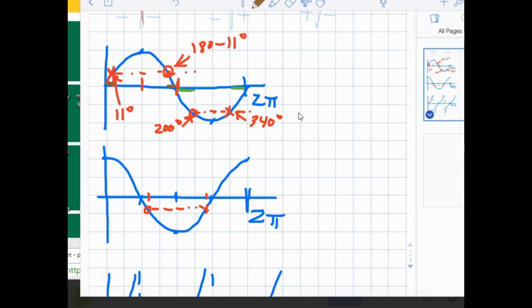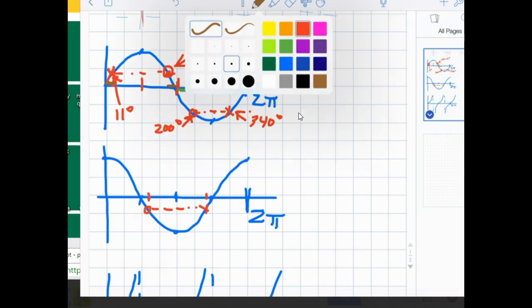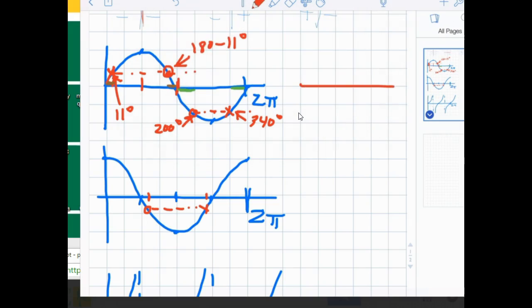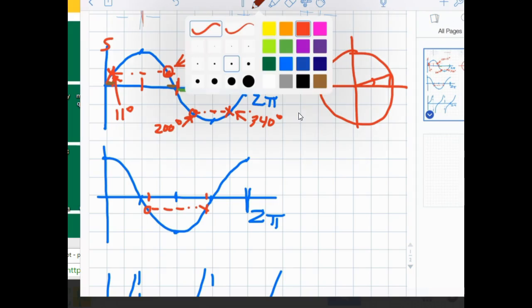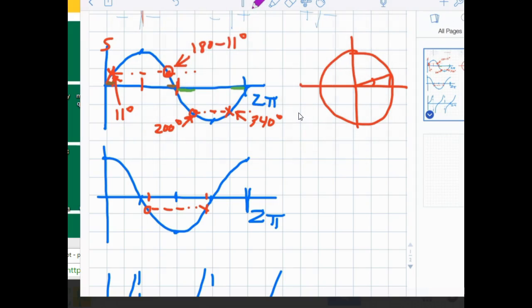Okay, so we could do the same thing here if we had the unit circle instead, and we're looking at sine here, right? So if we said sine of 11 degrees is here, what other angle has the same sine as 11 degrees? And so sine, we know, is going to be a reflection about the y-axis, for all the reasons we've said up until now. And so that would be this angle here.